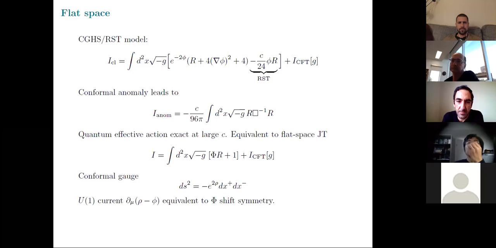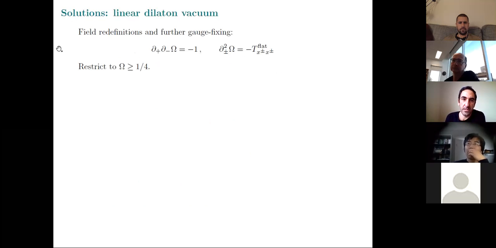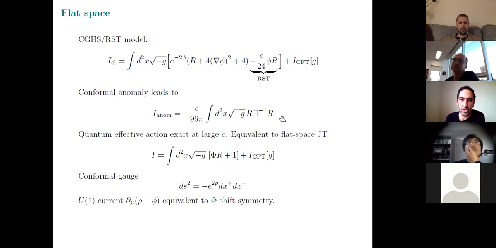One of the things about this model, which is related to the difficulty in this cutoff on the dilaton, is it's not really understood how to define this model with this cutoff at finite C. So this has been analyzed at large C with this one loop correction exactly, but it's not clear that if you put the cutoff on the dilaton, that it comes from some theory that exists at finite C. So I think this was an open question that was left in the 90s, and I don't think there's been much progress on it.